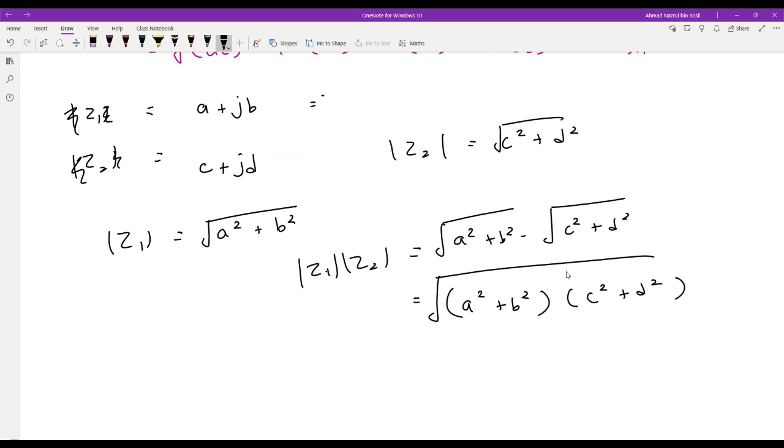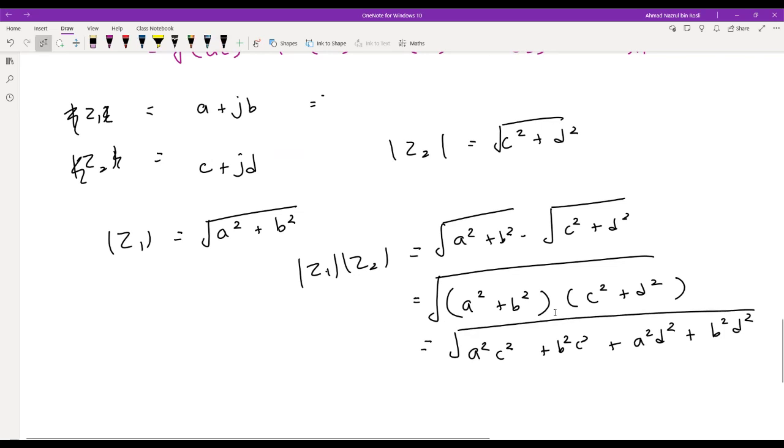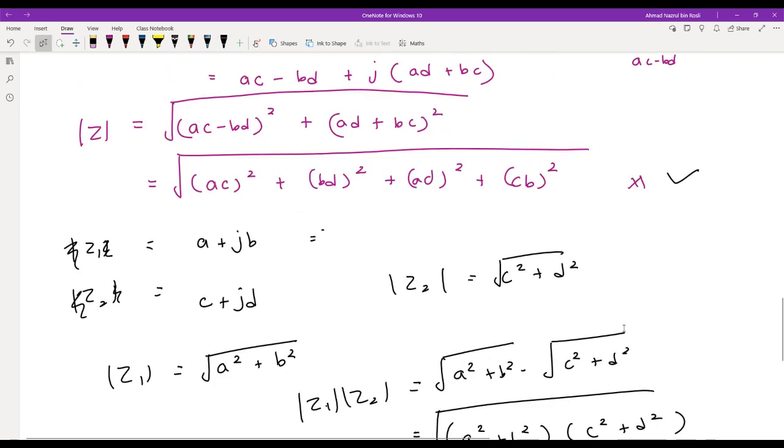Both are under the square root. And finally, you can get A square C square, plus A square D square, plus B square C square, plus B square D square. So we want to see, is it similar? A square C square, same.